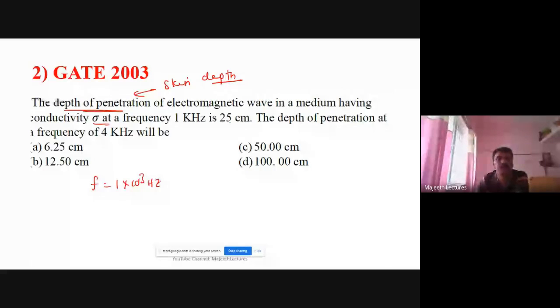So they have given the skin depth value delta is equal to 25 centimeters. What is the depth of penetration at 4 kilohertz?